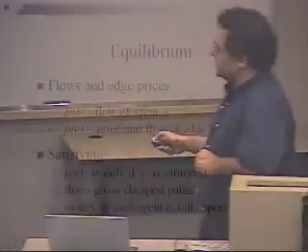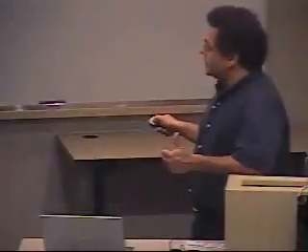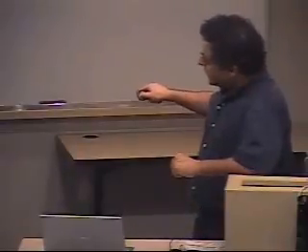So this is the model. We are given a network with vertices and edges, directed or undirected. We'll consider directed, with capacities on these edges, and a bunch of source-sink pairs with their monies. And we want to find equilibrium flows and edge prices. What I mean by that is that we want to find the amount of flow that each Si sends to the Ti, and the price per unit flow of each edge, so that these equilibrium conditions are satisfied.